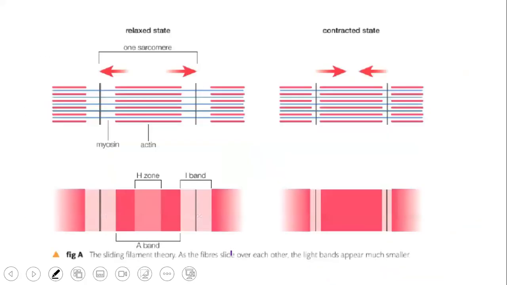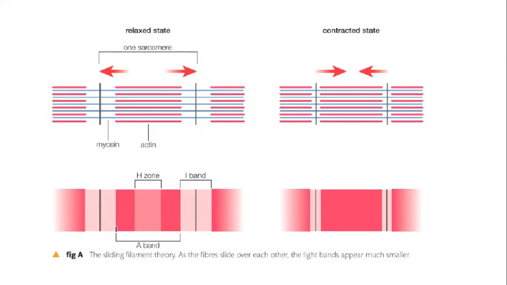Now, since we are already talking about this process, let's go ahead and talk about how the muscle is going to contract. This is showing you the relaxed state, and this is showing you the contracted state. Okay, and this is what it looks like, right? So we've got a light band, we've got a dark band, and we've got a medium color band, right?